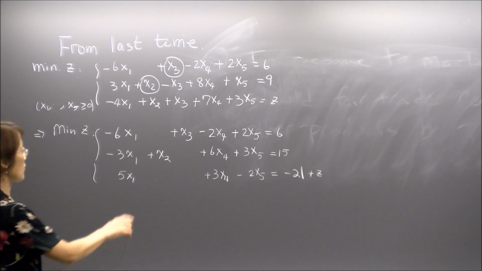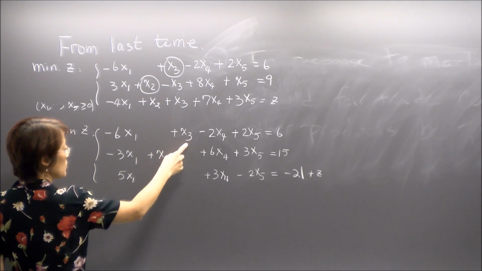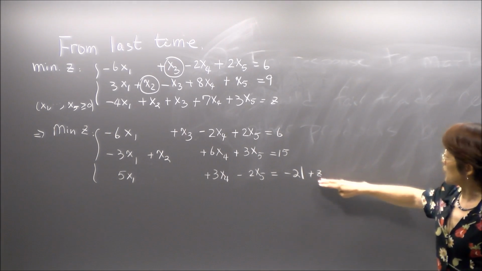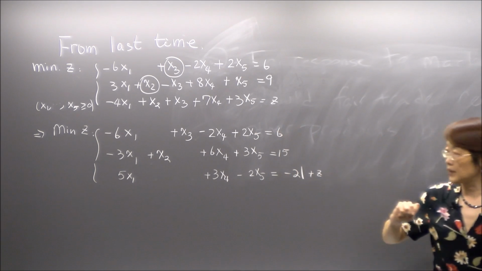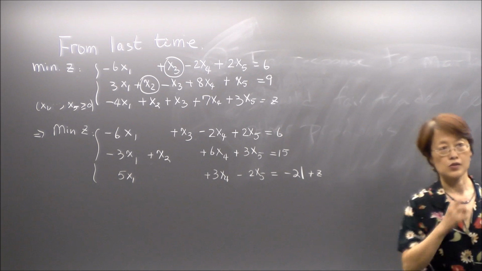Remember we did all that? So, okay, now these 2 are the basic variables, and the objective function is now expressed in terms of only the non-basic variables. So this will be a linear programming problem in canonical form. Is that right? So I'm saying that this will give me a feasible basic solution.